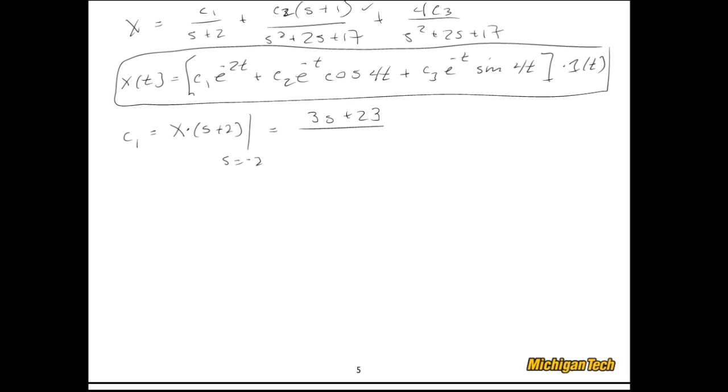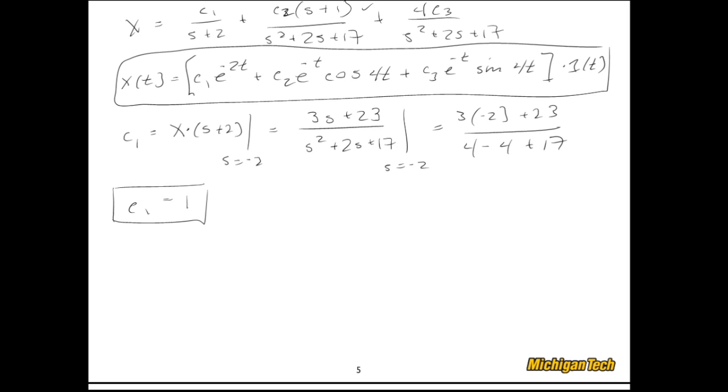I get rid of the s plus 2, so we have s squared plus 2s plus 17. And then we let s equal negative 2. So we'll have 3 times negative 2 plus 23 divided by 4 minus 4 plus 17. C1 is equal to, let's see, 23 minus 6, that looks like 17. So C1 is just equal to 1.